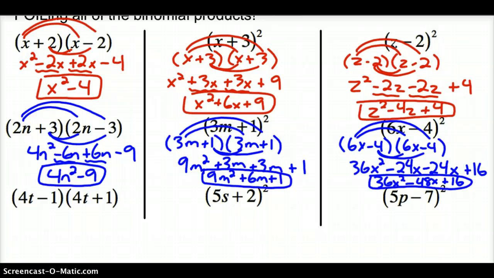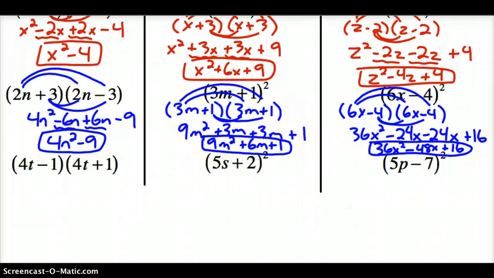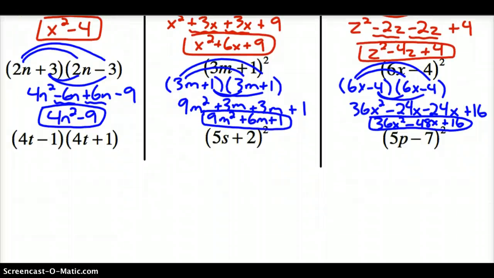Okay, so let's see if we can see any common themes yet. I sort of see maybe one major thing is that in the left-hand column here I have binomials, okay, only 2 terms. The other ones I have trinomials, which are 3 terms. Let's see if our pattern continues here in this last one. Okay, so 4t times 4t is going to give me a 16t squared.